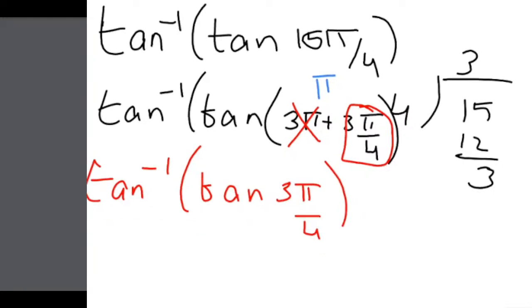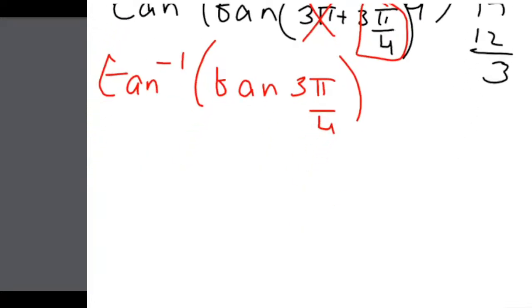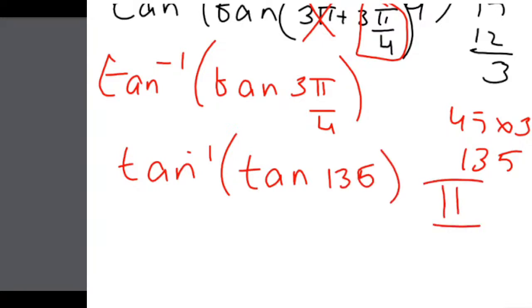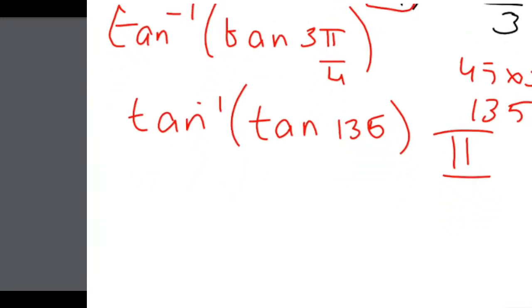So what is tan 3 pi by 4? It is 45 into 3, so that's 135, right? So that's in the second quadrant. So tan 3 pi by 4 is in the second quadrant and it will be negative.